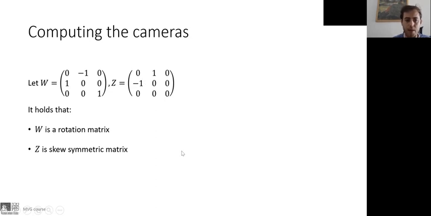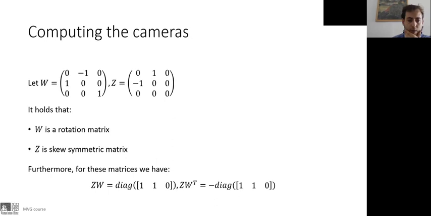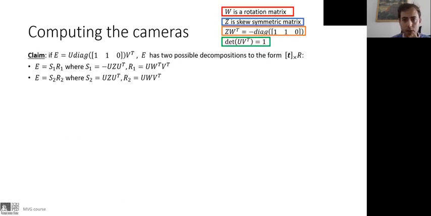Furthermore, if you multiply Z by W, you get a diagonal matrix with diagonal elements 1, 1, 0. And Z multiplied by W transpose is also a diagonal matrix, with -1, -1, 0. You can just multiply the matrices and see that it is satisfied. Okay, so we will use these matrices for our decomposition.